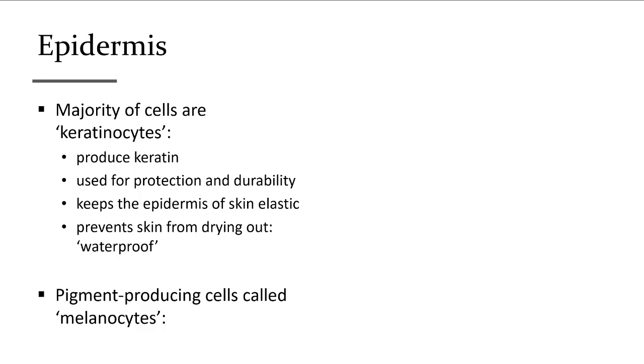The other cells in the epidermis are pigment-producing cells called melanocytes. Everybody has the same number of melanocytes no matter what your skin color is. The differences in skin color is about how active your melanocytes are. So you can have inherently a high producing melanocyte activity so that you will have dark skin.